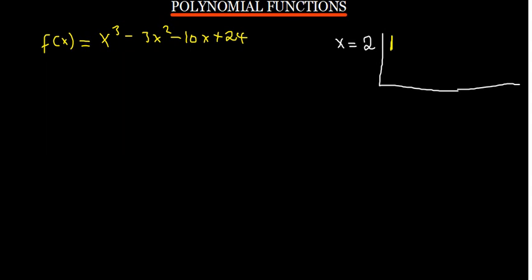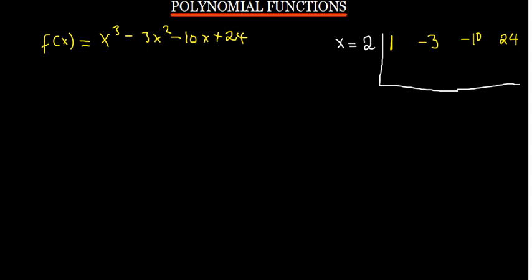Negative 3. Negative 3, very good. And then the coefficient of x? Negative 10. And then the coefficient of x power 0? 24. You also get a constant 24.